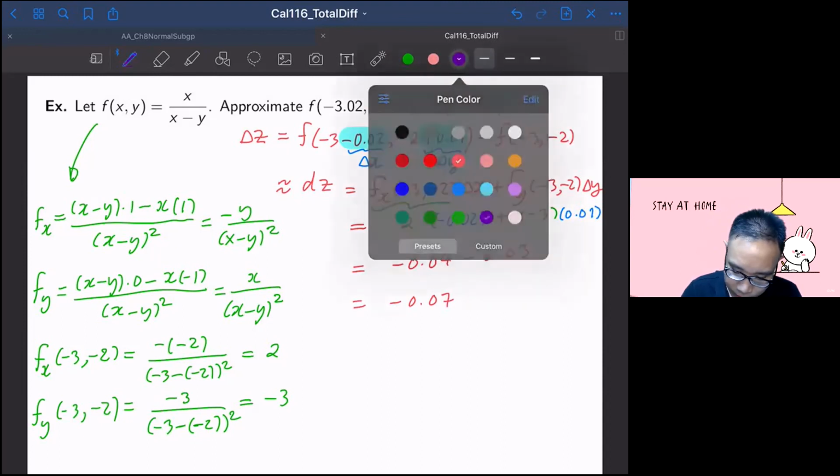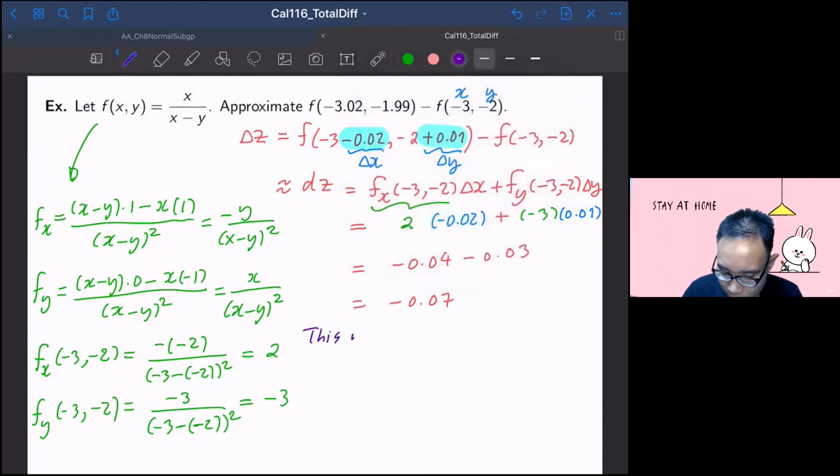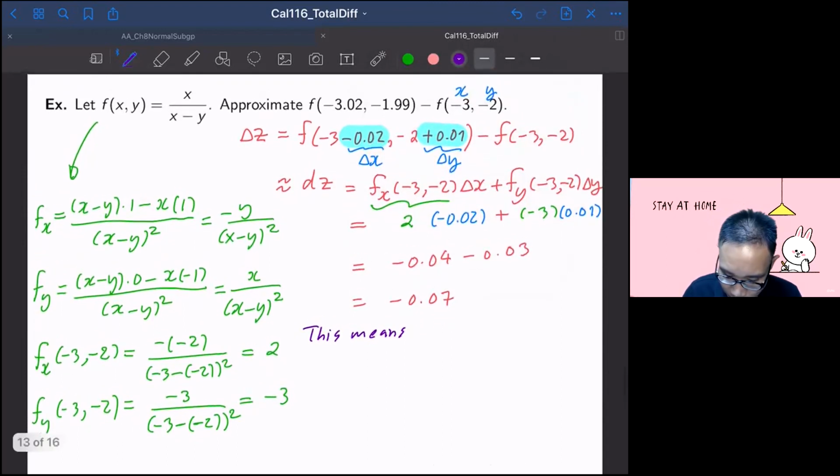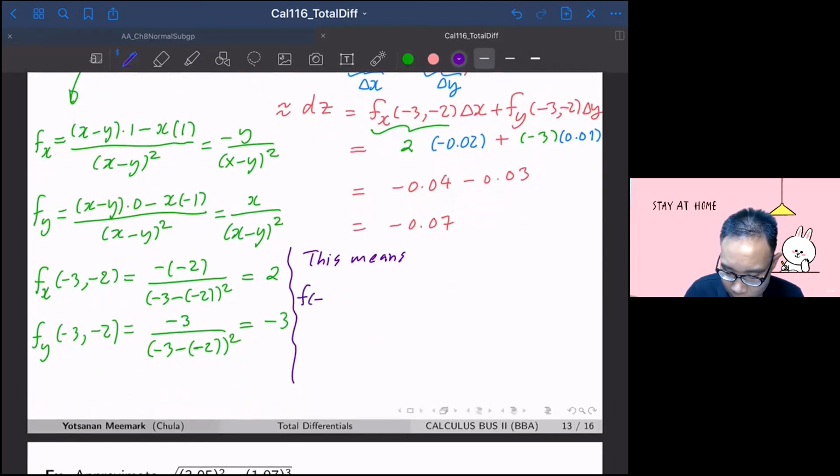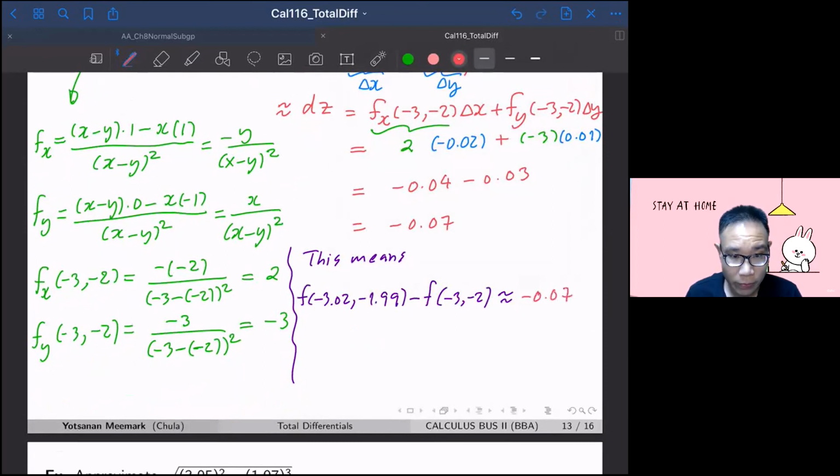And this means that the approximation that you are looking for, f(-3.02, -1.99) subtract f(-3, -2), is about negative 0.07.